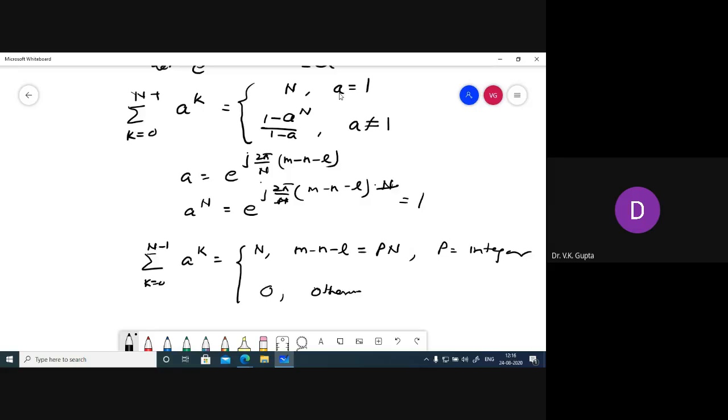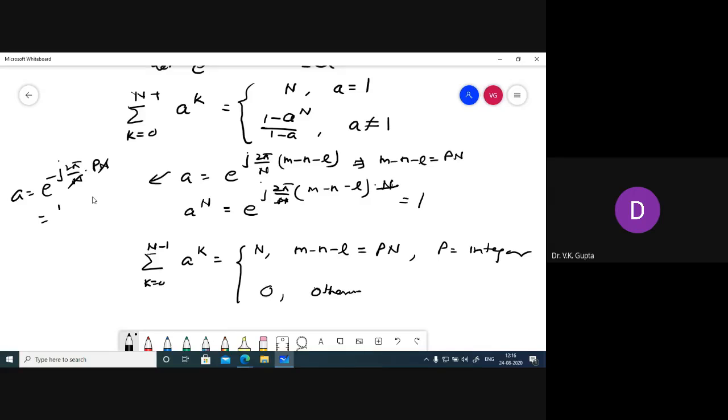But a is equal to 1 when this quantity is an integer multiple of capital N. In that case, if m minus n minus l is a multiple of capital N, then a is equal to e to the power minus j 2 pi by N times pN, so this term will be cos 2 pi p minus j sin 2 pi p.